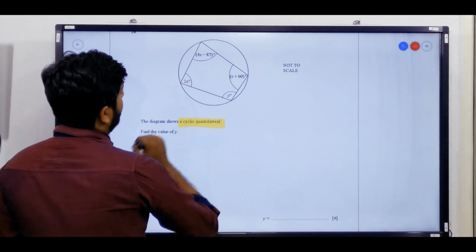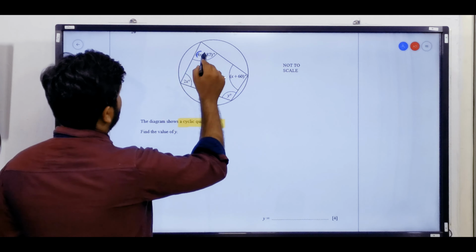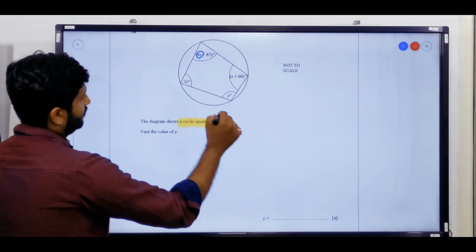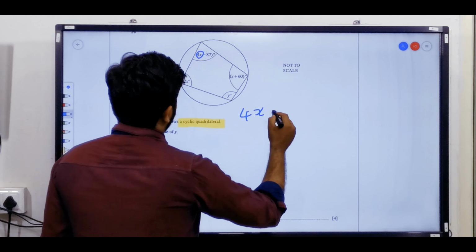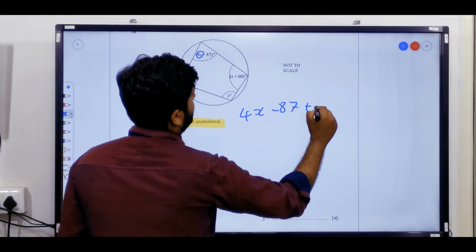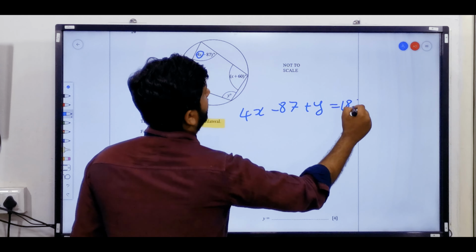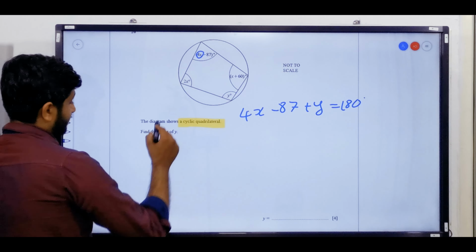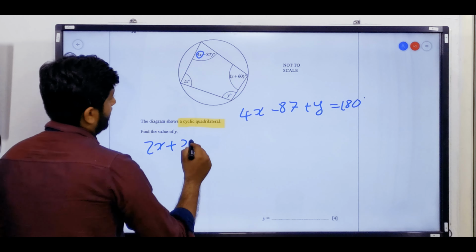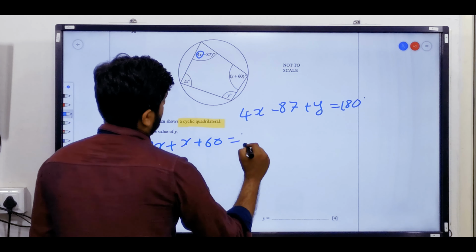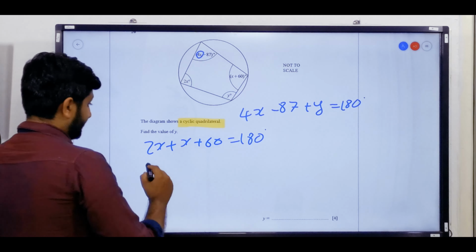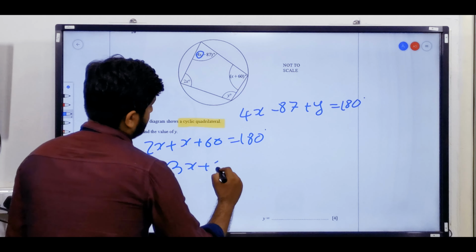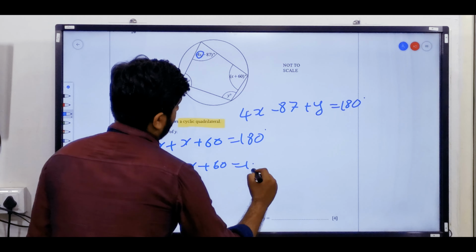We have to find y, but for that y, we'll need x first. Right, so my original equation will be 4x minus 87 plus y equals 180. I need to find this y, but I need my x also. So first let us try to find x. 3x plus 60 is equal to 180.